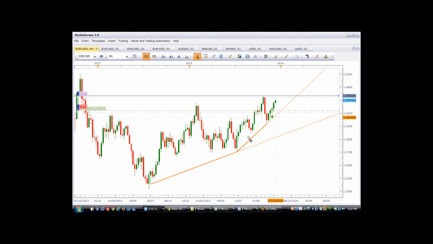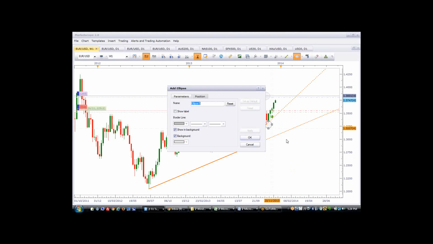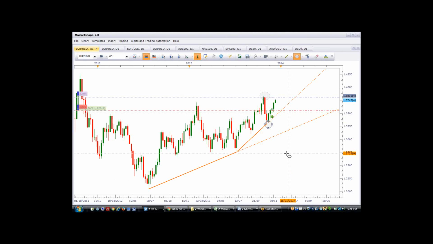Yeah, we'll attempt euro against the dollar. So based on the weekly chart, what's happening at the moment is the last high is this one right here, and the last higher low is this low right here. So it's creating higher lows, higher highs as well.